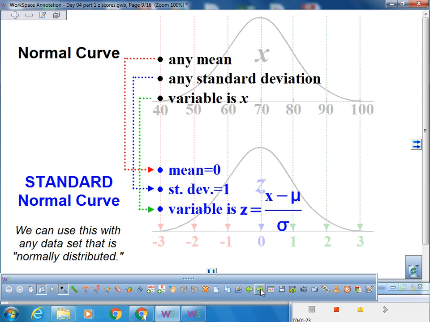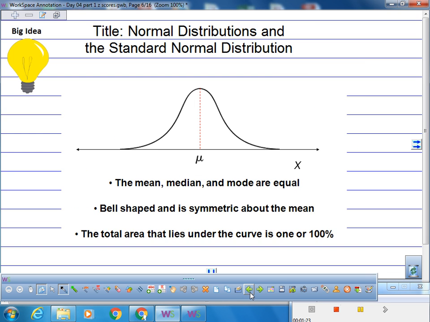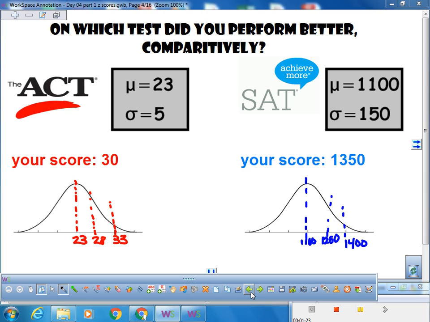Our standard deviation is 1. And then our variable is a z. So I have whatever my x value is minus my mean divided by my standard deviation. So let's go, you guys want to go back and see which score was better on the SAT or the ACT? Let's check it out.